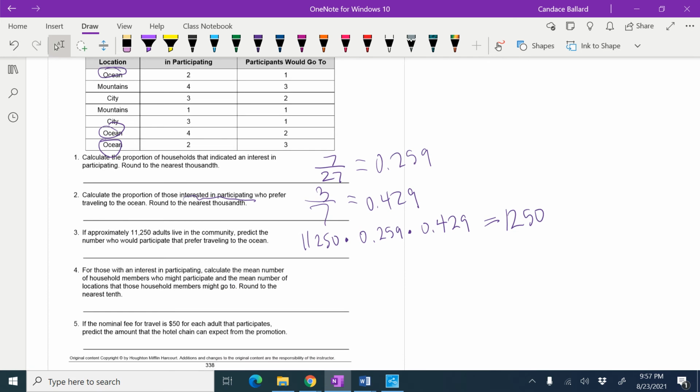For those with an interest in participating, calculate the mean number of household members who might participate. So we need the mean of household members participate. And then we also need the mean who might go.